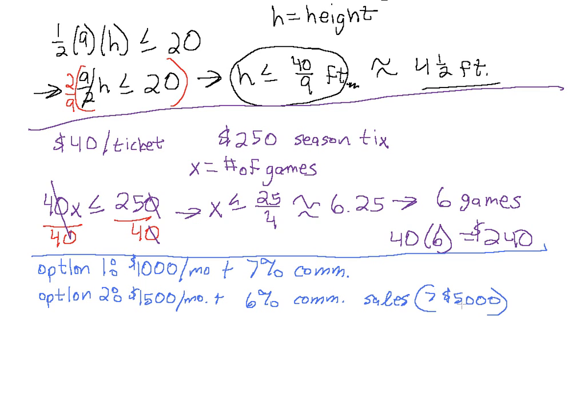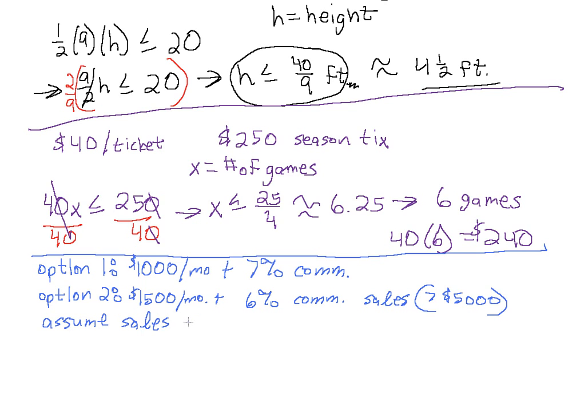So you can write it like that if you want to use a little inequality symbol that we've learned in this section. We want to know for what amount of sales is the first option better than the second option. And an assumption we're going to make, and it's kind of important, is we're going to assume that sales are always over $5,000.